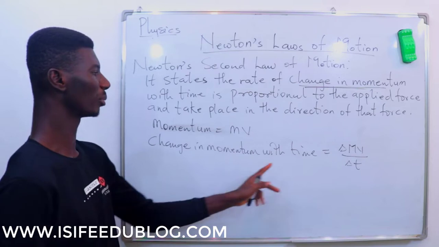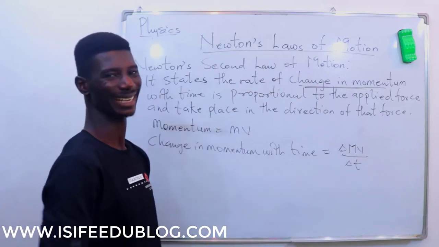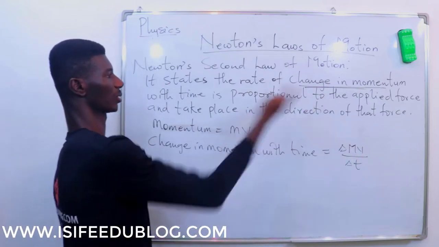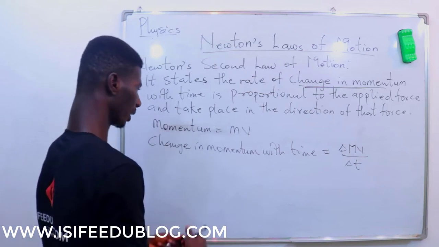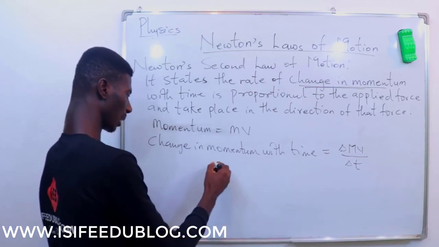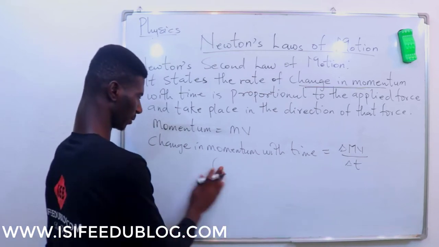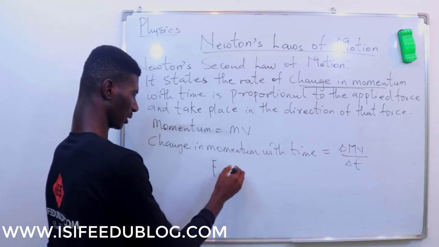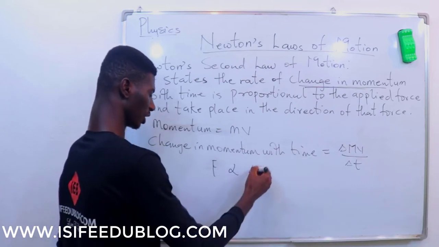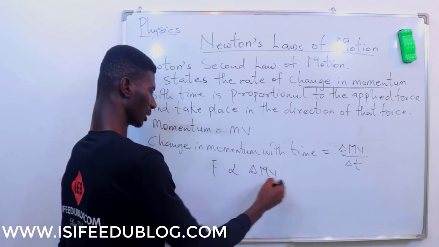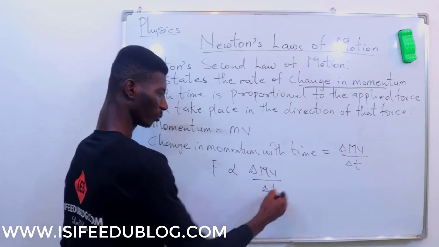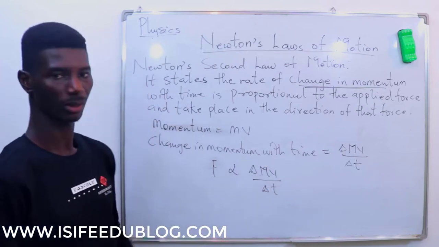So the change in momentum with time is directly proportional to the applied force. You can see that the applied force, F, is directly proportional to what? The change in momentum with time. That is the second law.